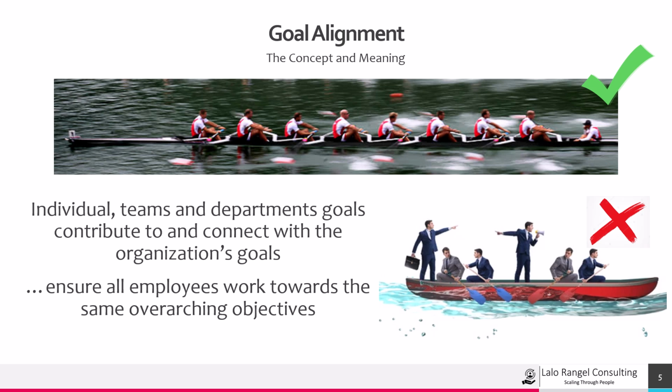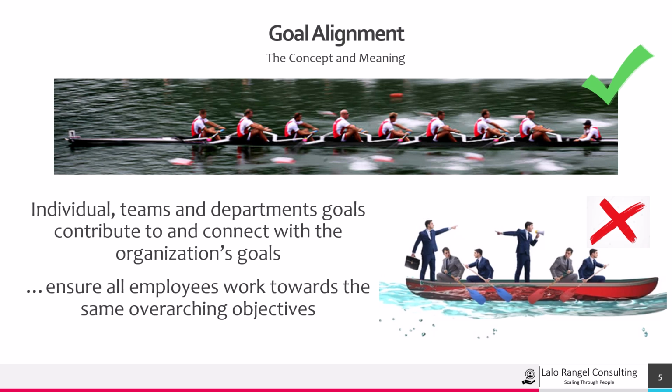Now, let's look at that from the company standpoint. Once the company has identified their organizational goals, the mission, the annual operating plan, that could be communicated to the rest of the employees so that all the employees in the organization understand where the company is going, what the company goals are, and therefore set their goals that are in connection with or that are going to support the organizational goals.